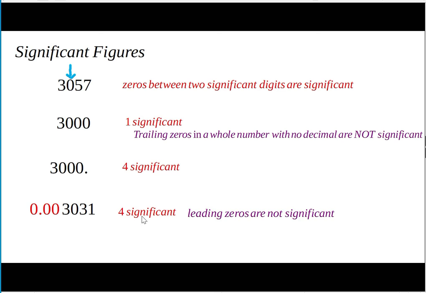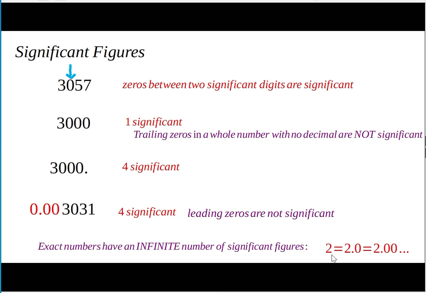That's why I have 4 significant figures here. Now the last thing I want to talk about is that exact numbers have an infinite number of significant figures. For example, 2, you can also write it as 2.0, 2.00, 2.000, because the point is that the zeros are counted.